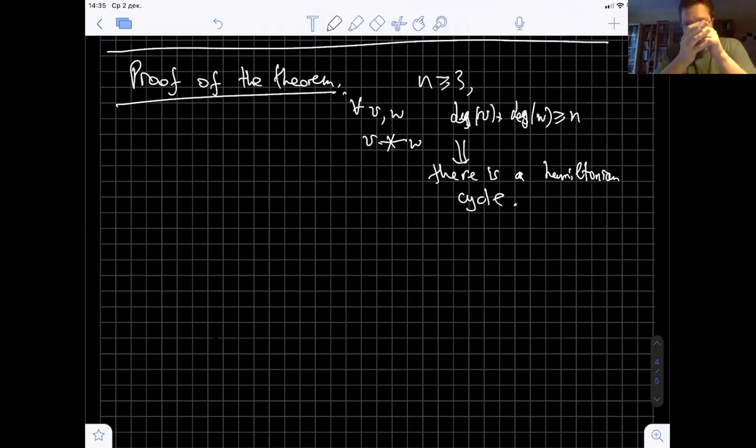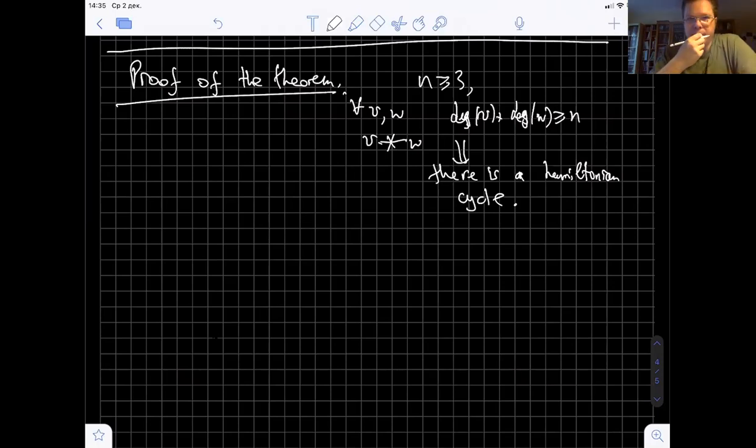There are several different proofs, but they all work by contradiction, or we look at a maximal path or cycle in our graph, and then we prove that it contains all the vertices and is Hamiltonian.